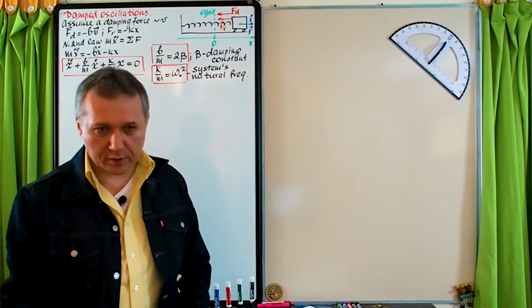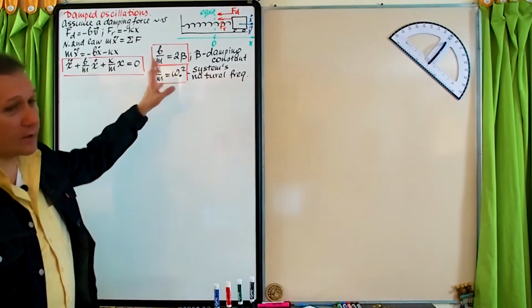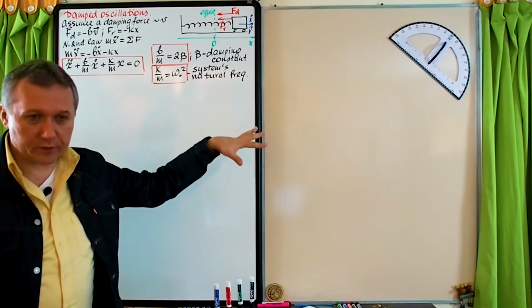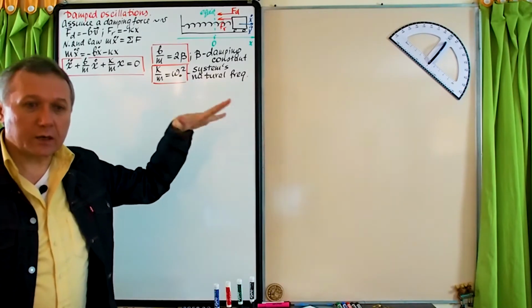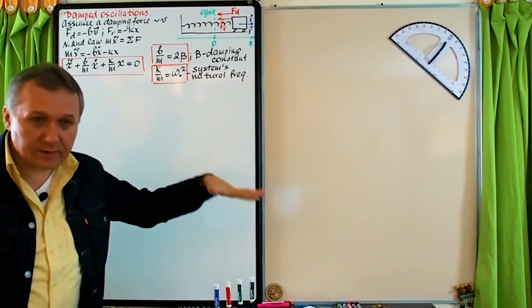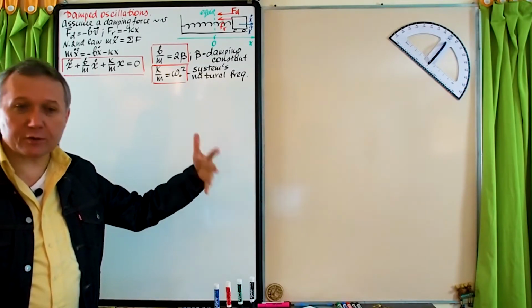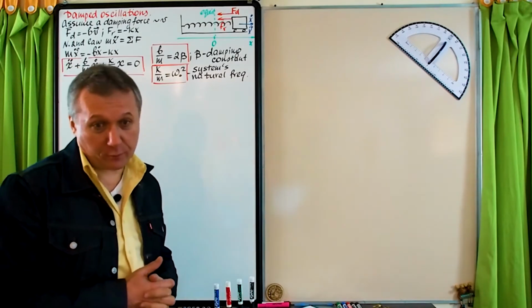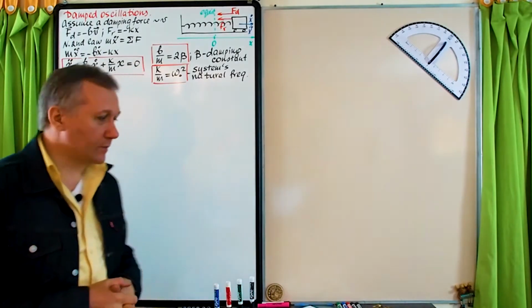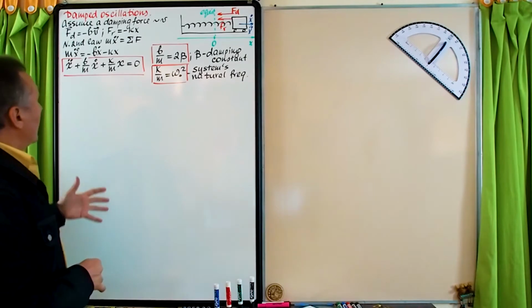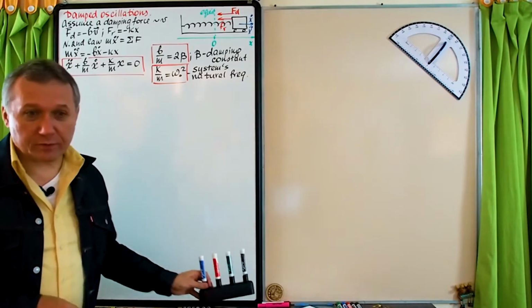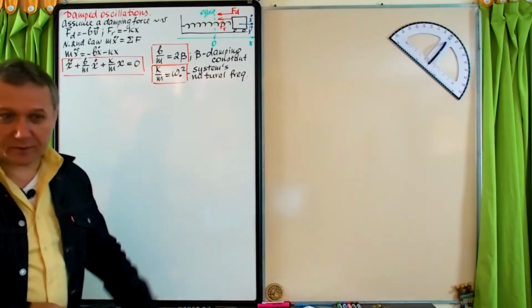This omega sub 0, the natural frequency, is the frequency of the system if it doesn't have any damping, if it's not exposed to any damping forces.